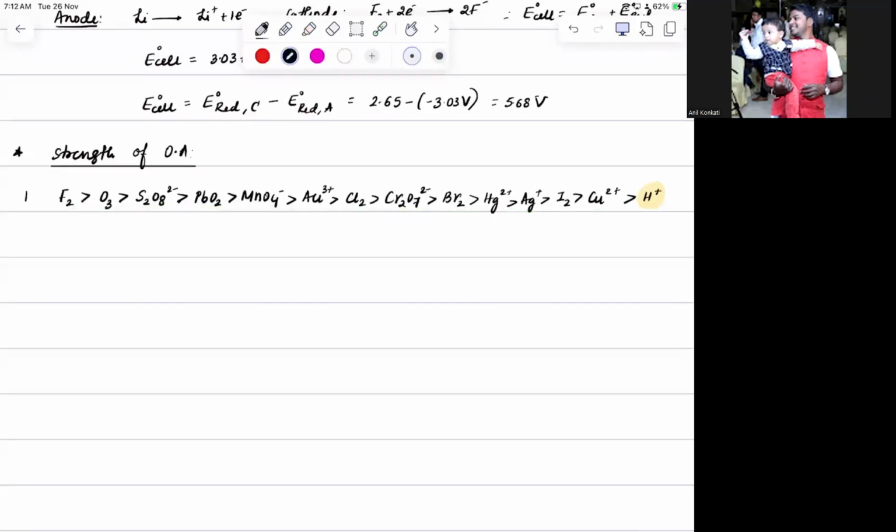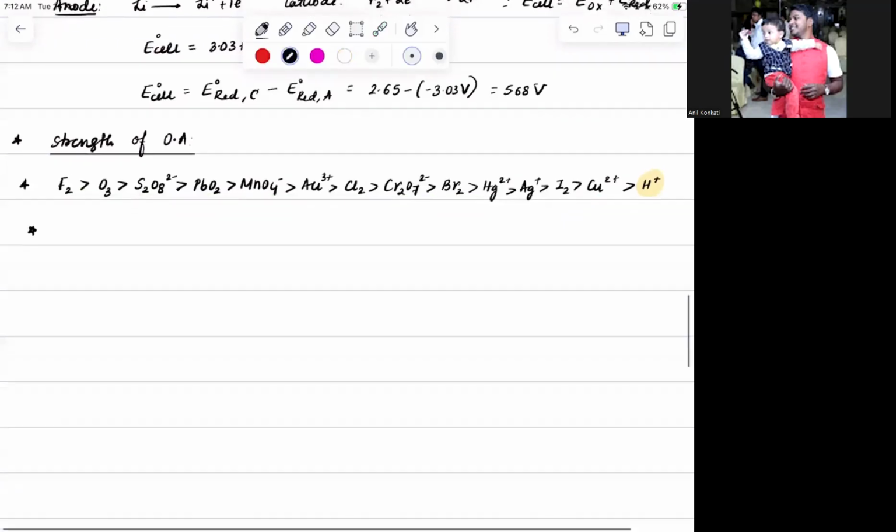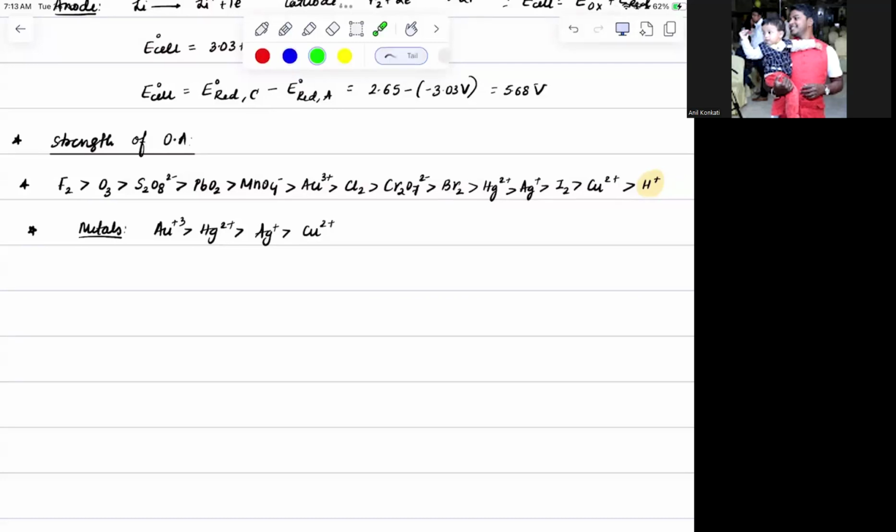Among metals, the better oxidizing agents include gold, Au3 plus, then Hg2 plus, then silver, then copper 2 plus. These are the four important metals you should remember.